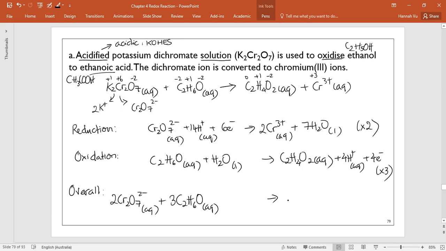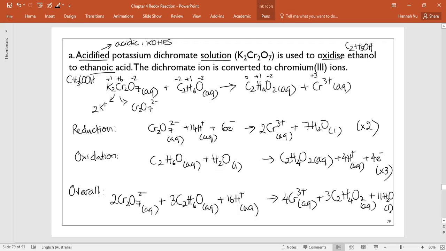We're going to 4 Cr3+ and 3 C2H4O2 aqueous. Now, if we consider hydrogen, there should be 28 on the left and 12 on the right. So that will be 16 on the left at the end. For water, there's 14 on the right and 3 on the left. So I should have 11 at the end.